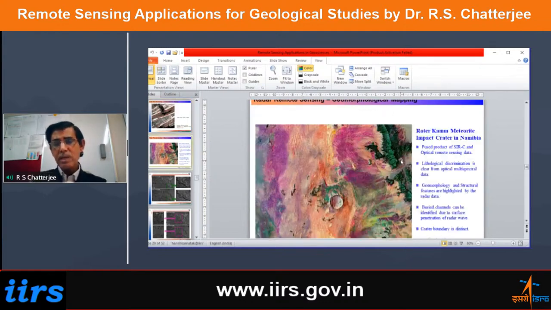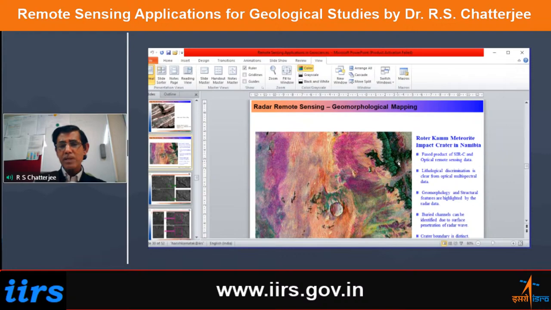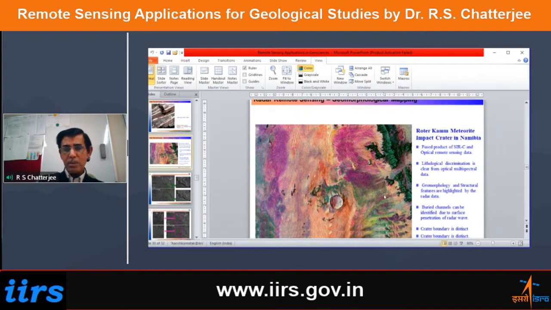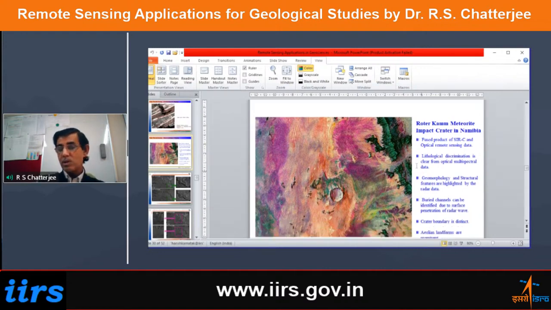Now we see if we can merge the radar image with an optical image, like a Landsat false color composite, or an ASTER false color composite, or IRS LISS-3. If we merge the radar image with this kind of false color composite image, then you see this spectacular view.